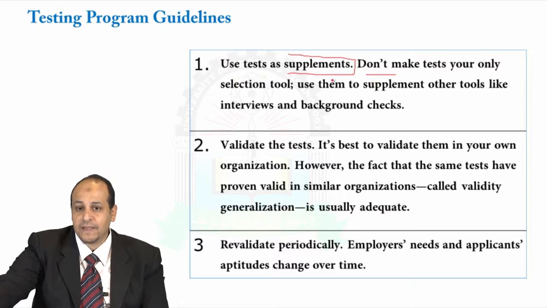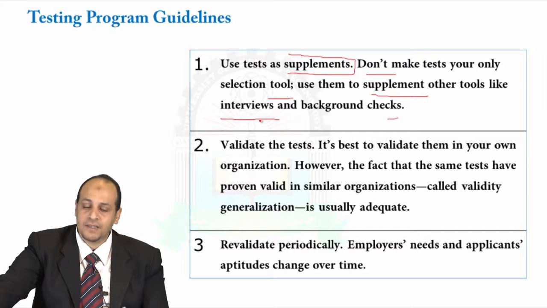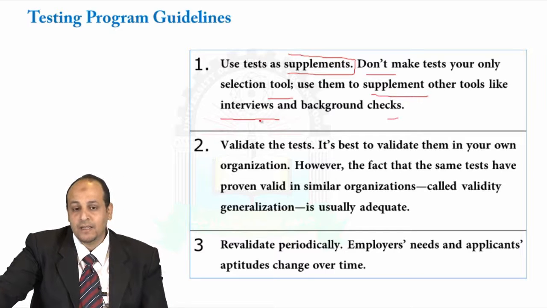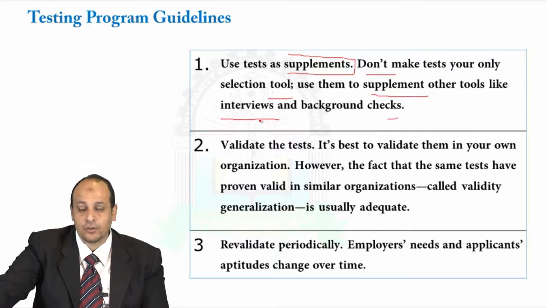So do not make tests your only selection tool. Use them to supplement other tools like interviews and background checks. So besides the interview that you handle in order to get candidates accepted, maybe tests can also help, maybe background checks. This actually varies from one company to another.